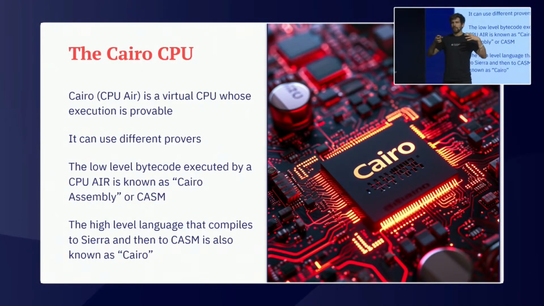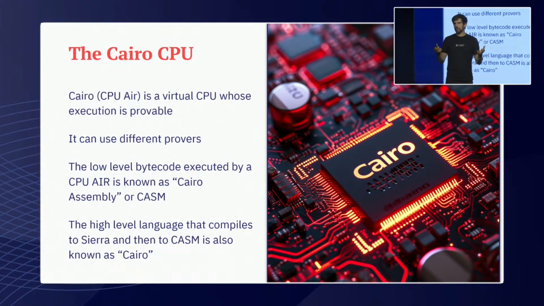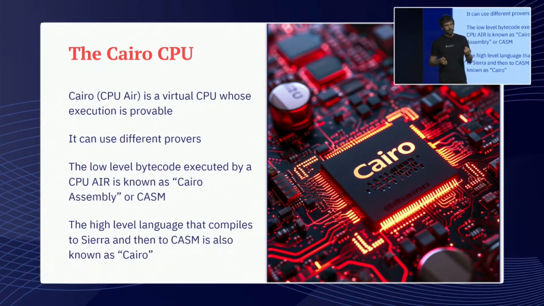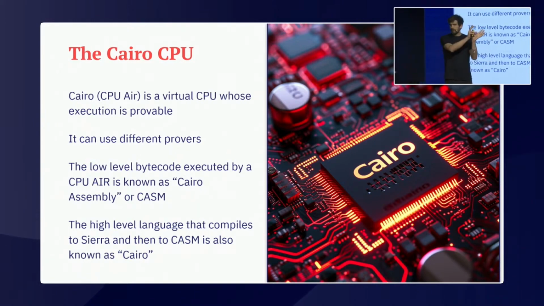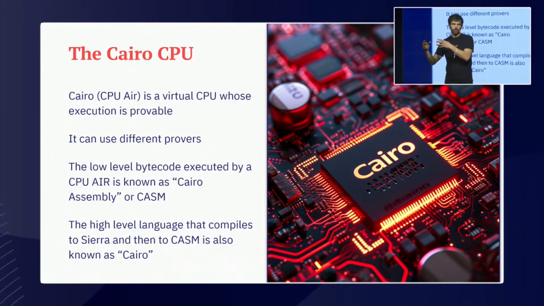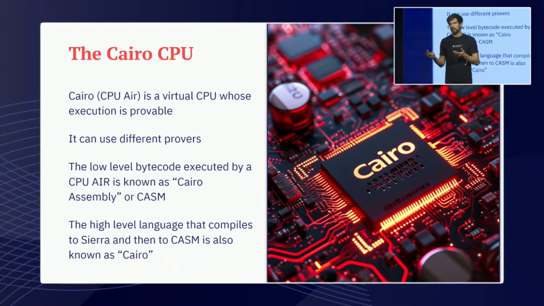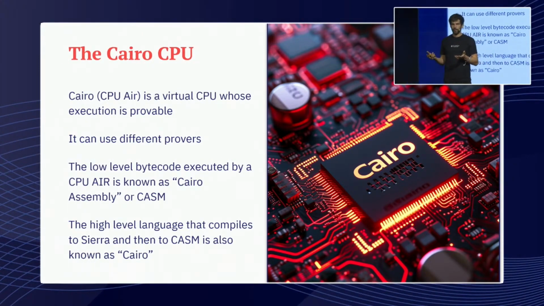So the basic unit you have is Cairo, which you may have heard of. Cairo is a very confusing name because it designates a lot of different stuff, but the very first thing it designates is the Cairo CPU. It's the CPU AIR, right? When I say that proving involves taking a computation and putting it over a polynomial, depending on the computation you want to execute, you will have different polynomials.